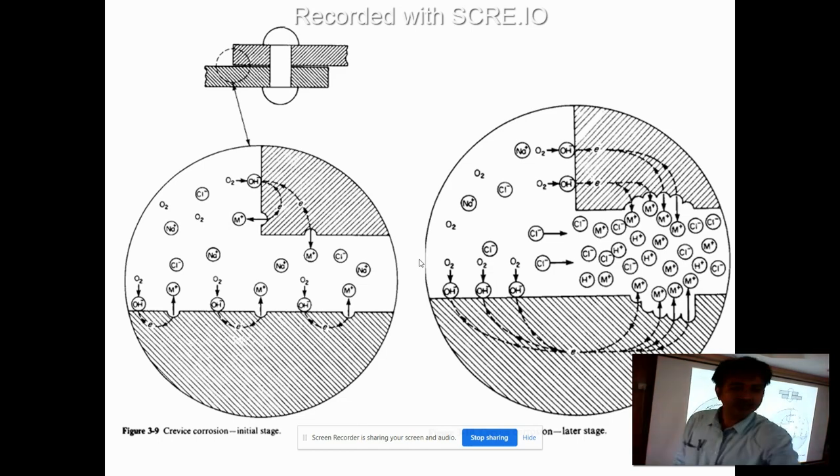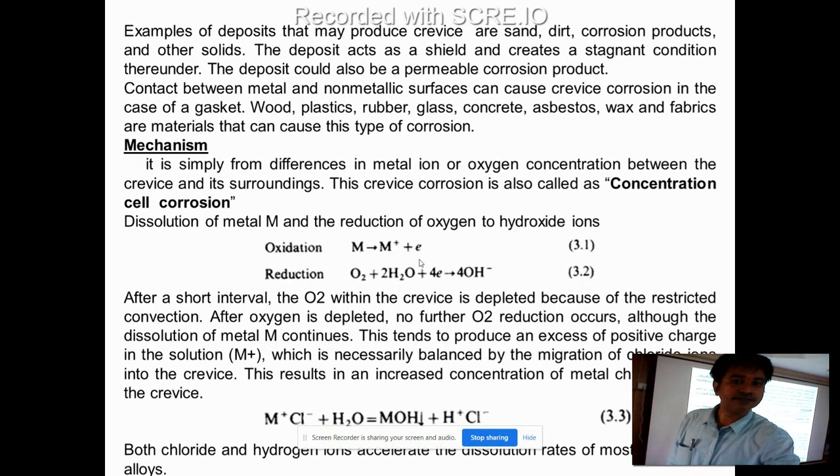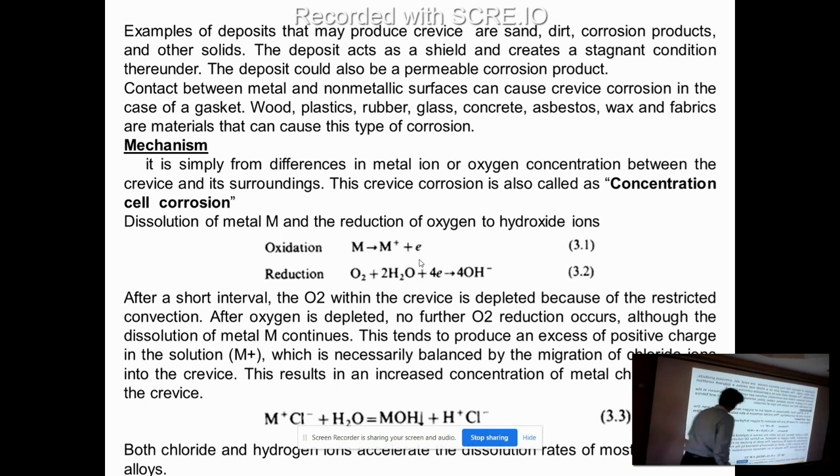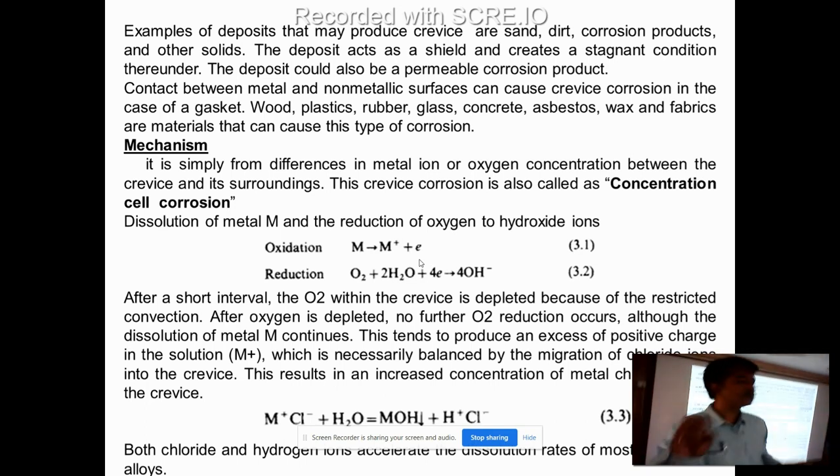Understood? So this is a very important mechanism, whatever I explained, the mechanism for crevice corrosion. Almost a similar mechanism is also there for pitting corrosion. But this is very important.